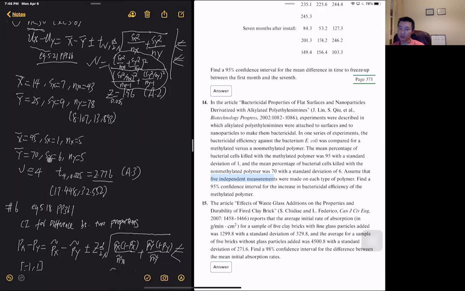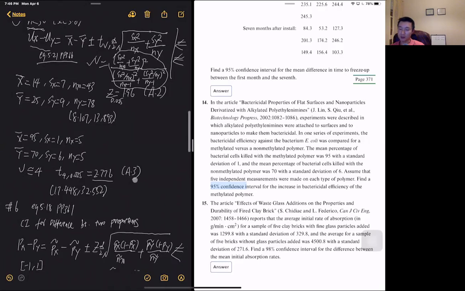Degree of freedom is around 4. So the t value is t4 based on 95% confidence interval. Half alpha is 0.025. So t4, 0.025 based on table 8.3, we get the t value of 2.776.